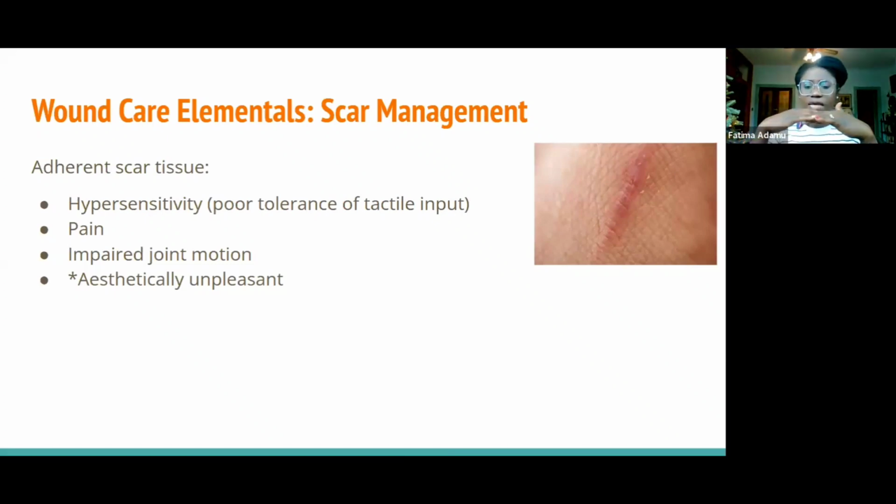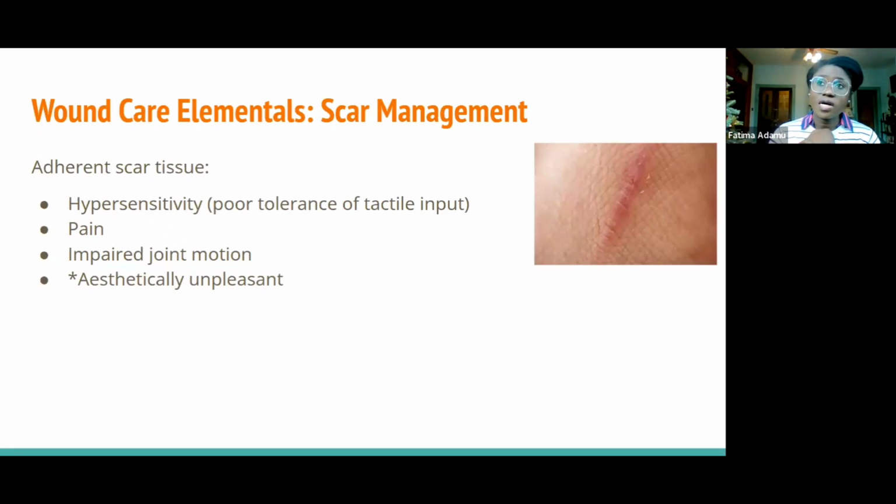So if you educate the patient to massage the scar, you can kind of flatten out those layers a little bit so that when they move, they're not getting stuck in the scar fibers. Yeah, because when you move, your skin needs to move. And a scar that is not mobile affects the joint motion underneath.